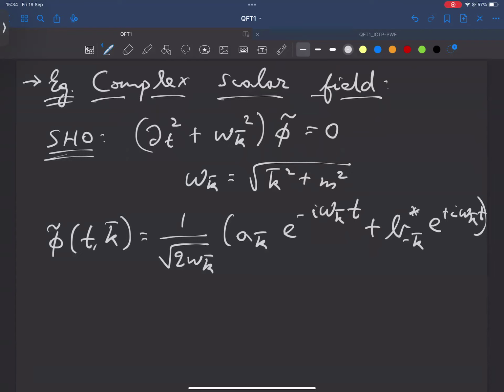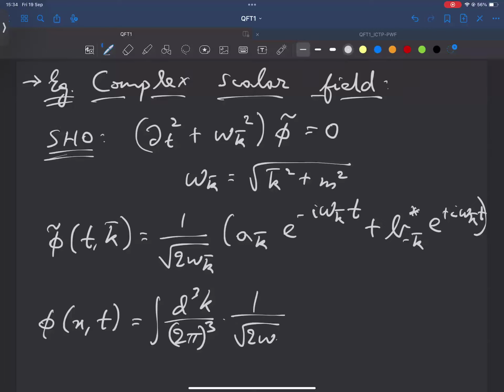Now, if we translate this to position space, x and t, okay, then we just multiply by the momentum space integral, and this remains the same.